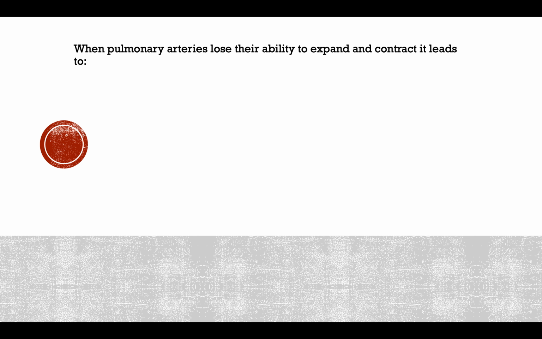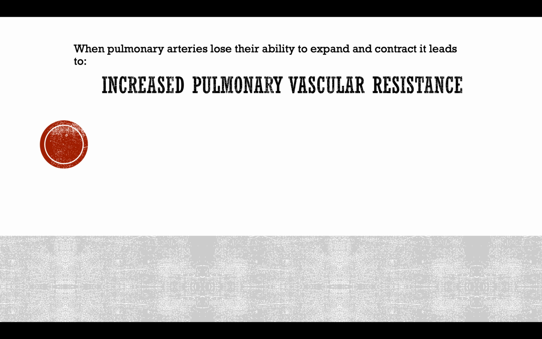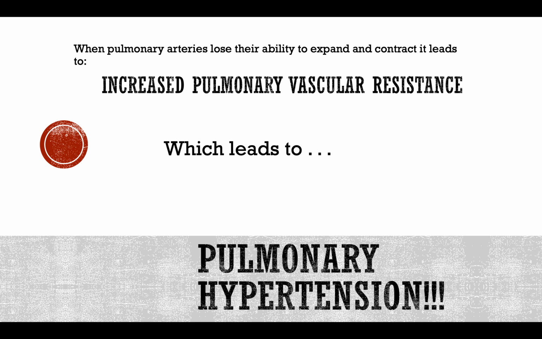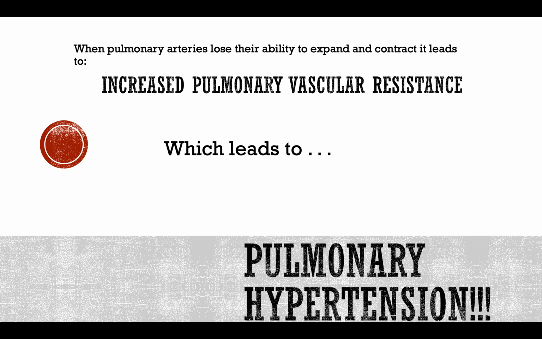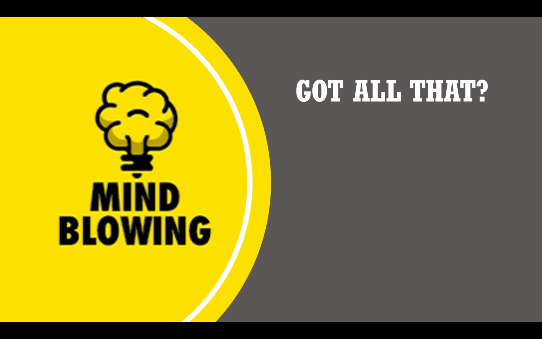When pulmonary arteries lose their ability to expand and contract, this leads to increased pulmonary vascular resistance, or PVR. This leads to pulmonary hypertension. Got all that?